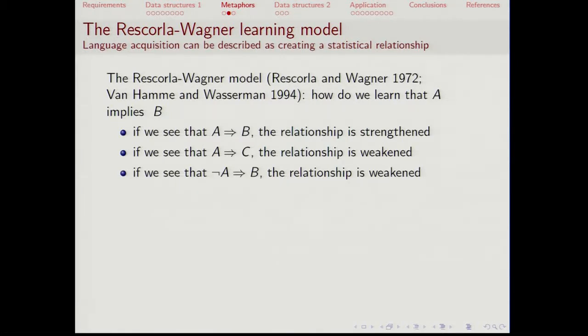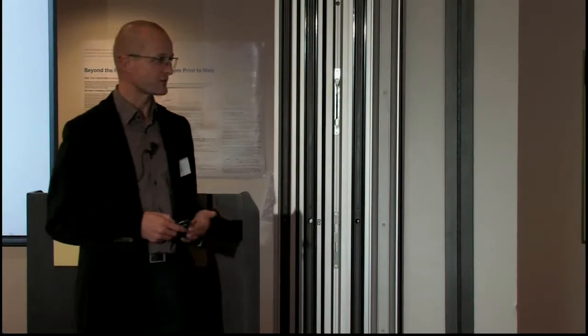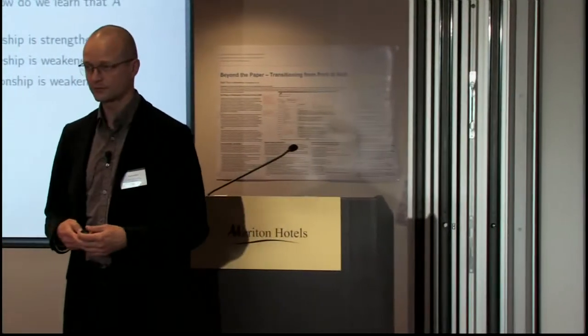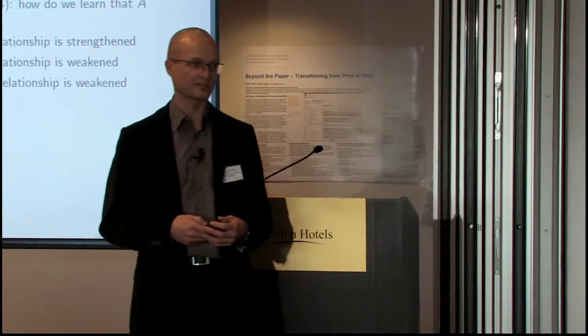In learning theory, again referring back to the 70s, this is the learning theory that is still regarded as the most influential or the most accurate account of how learning takes place, both in humans and in animals.